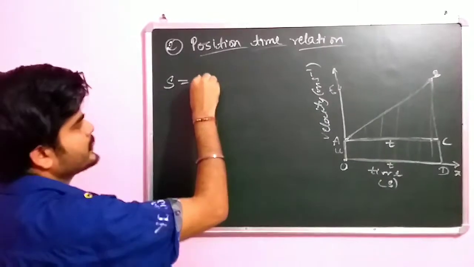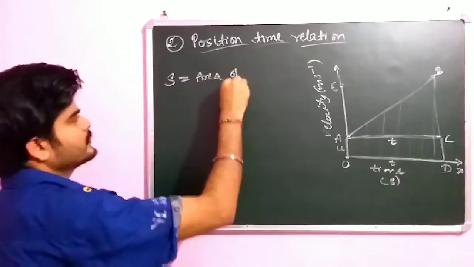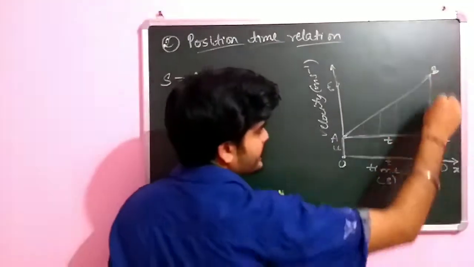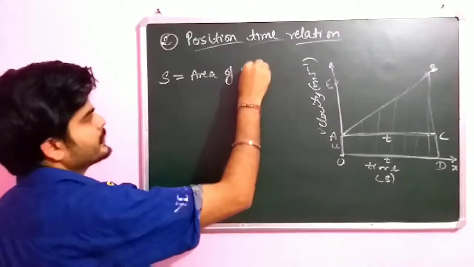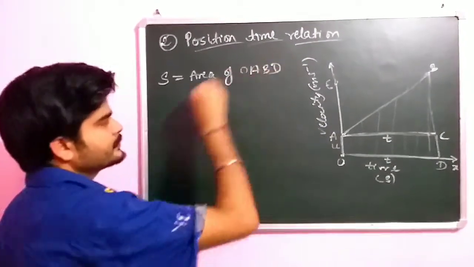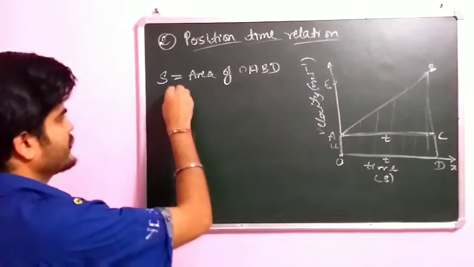This will be equal to area of OABD. We have to find the area of this whole.